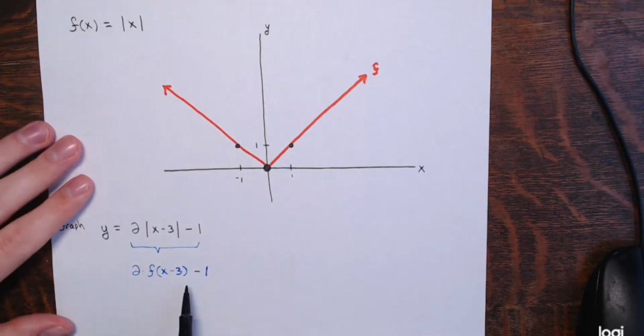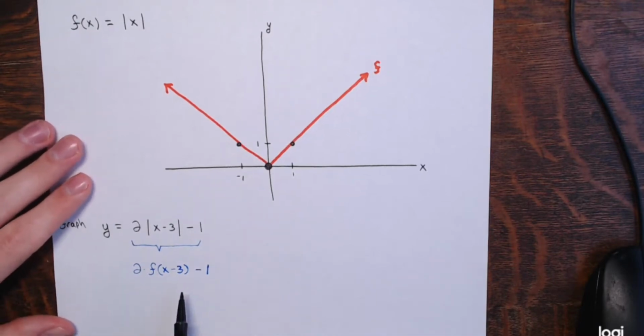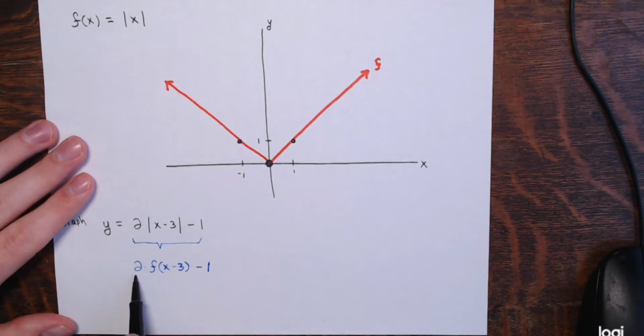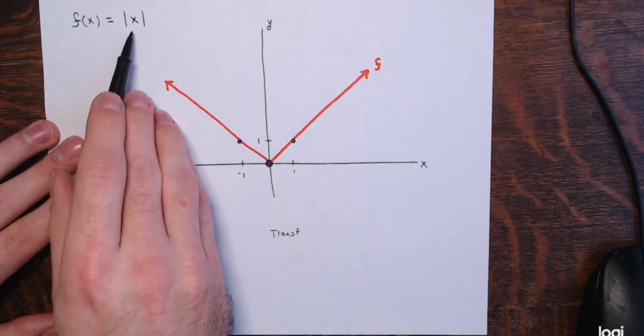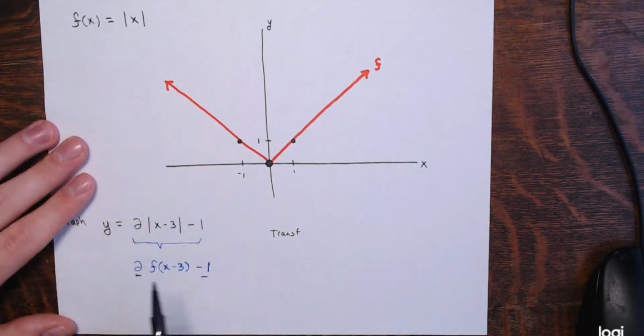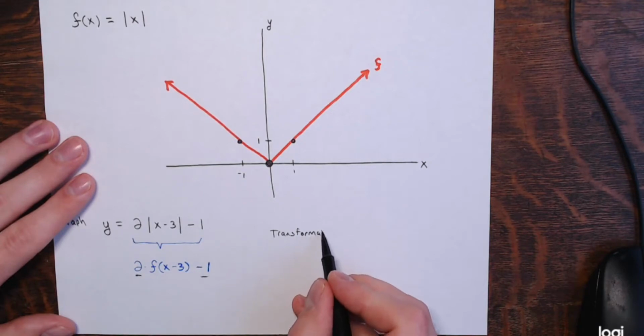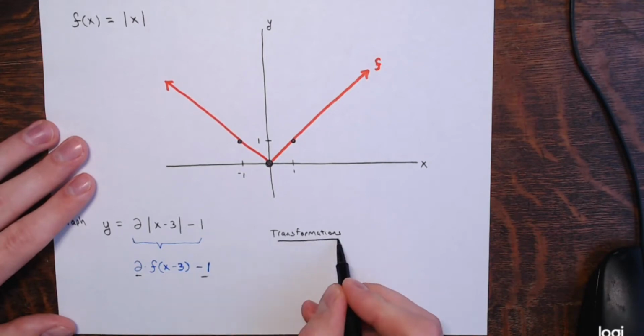So remember how function transformations worked. First I'll do the times 2, then the minus 1. So the transformations that would change this graph that we're given into the graph they want would be the following.